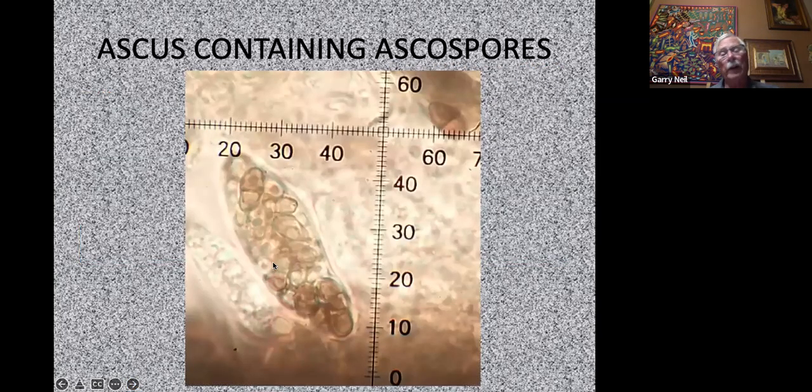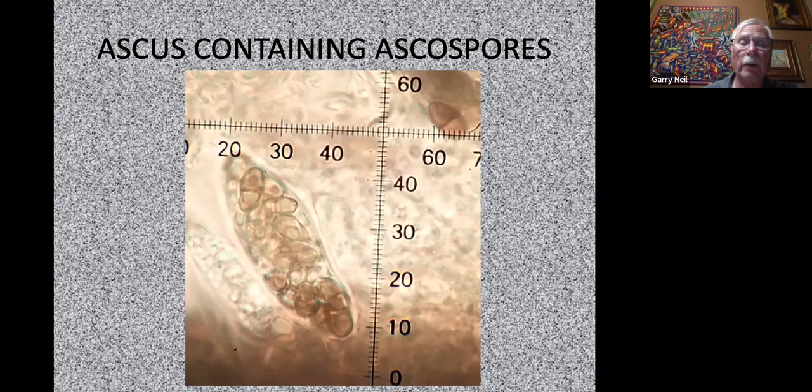If you get a cross section of an ascus, in other words, the little sac inside of the disc, and you blow it up, this is done at 1,000 times magnification, you can actually see the spores inside the sac. This particular measurement, the distance between each one of these small lines, by the way, is 1/1000th of a millimeter.